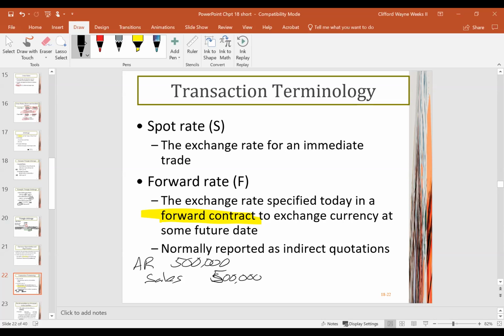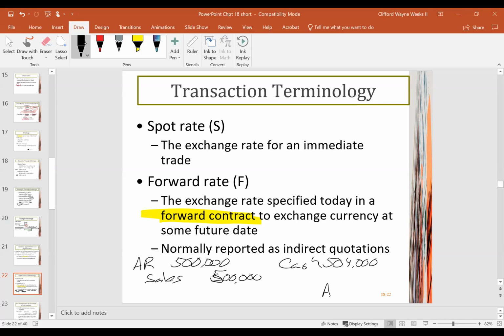However, when they pay us, they're going to pay us in yen. And because foreign markets always change, the exchange rate is going to go up and down. And so if we actually took those yen that were paid to us, we would convert that into cash, and let's say that it came out to be $504,000.